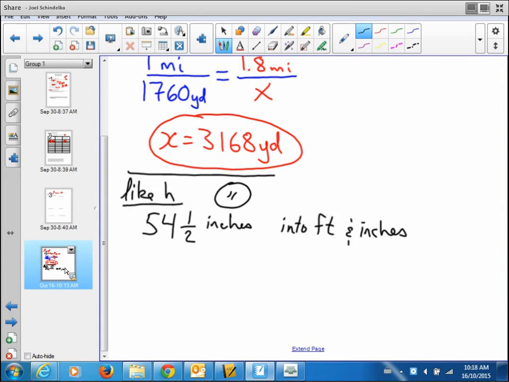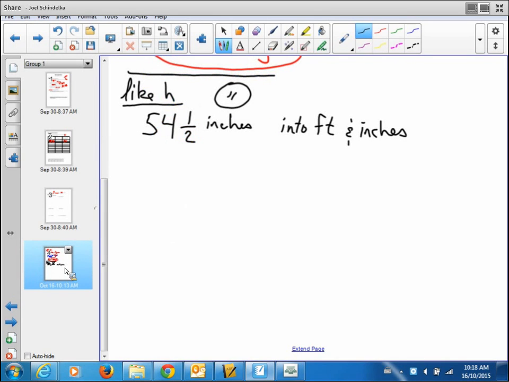Now, part of it is easy. We've got this fraction of inches. We're going to leave that alone. Okay? You've got to just remember this. So what you've got to do then is 54.5 inches. Let's think this one through. We know that there's 12 inches in 1 foot.